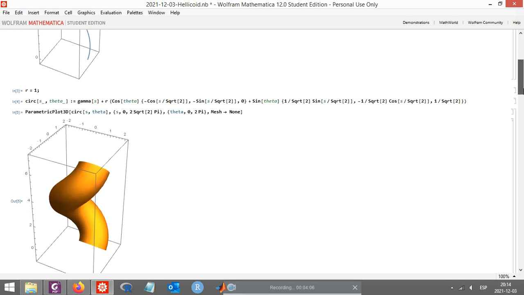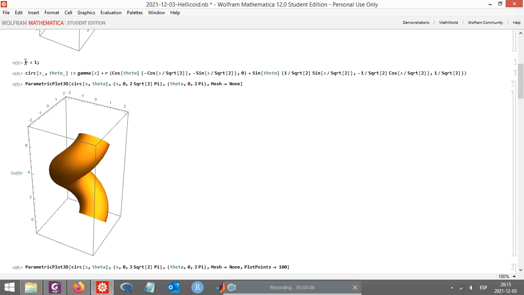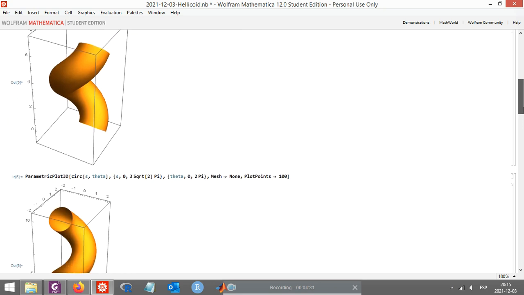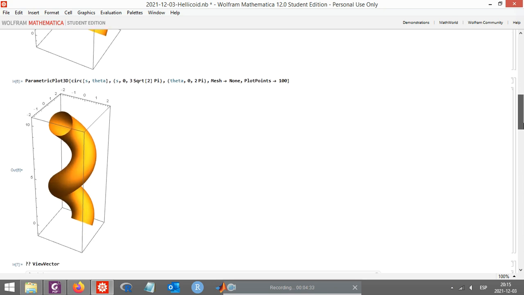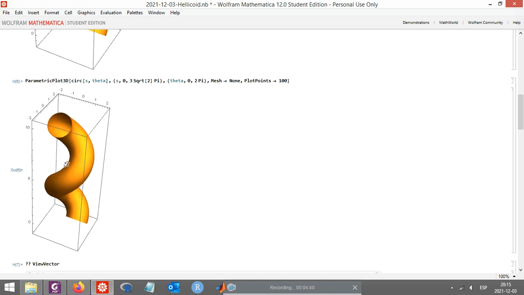Then the next step was to write the expression for the tubular thing, for the tubular helix, which is given by this, and now it's just a matter of plotting that expression. Okay, next, I wanted to make the helix a bit longer, so now I have this.